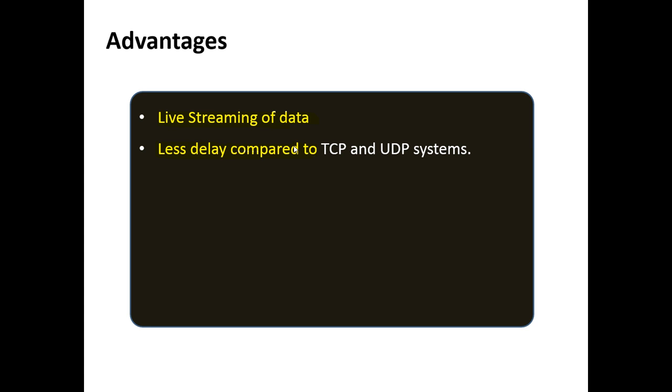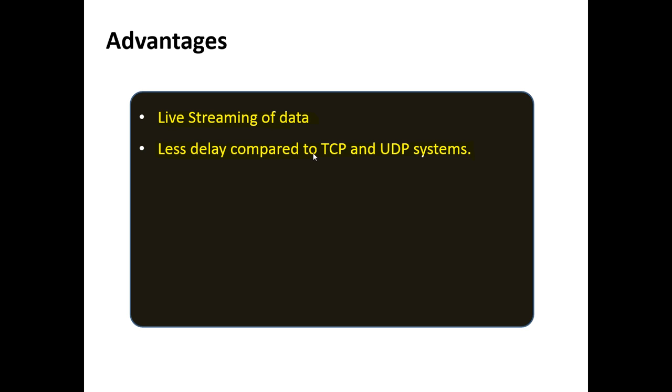So we are achieving lesser delay, but we are losing quality of service. In the proposed system, the quality of service will be down, but the delay will be very less.